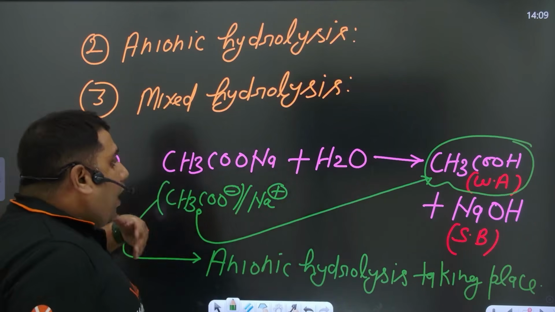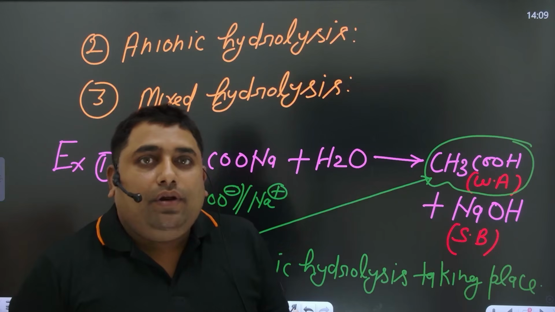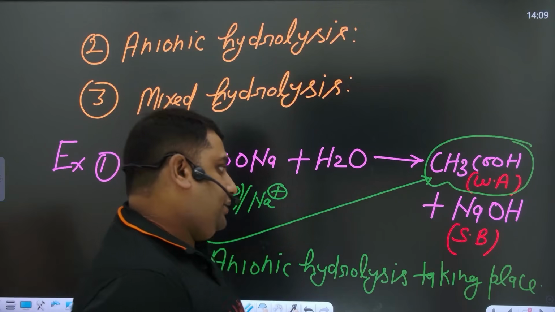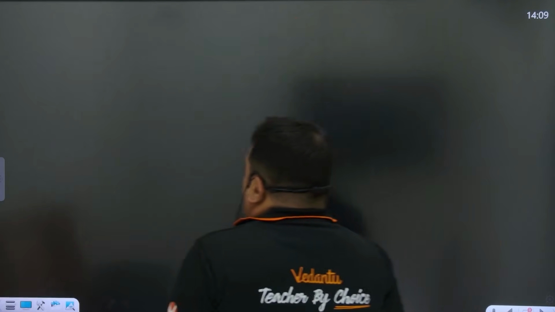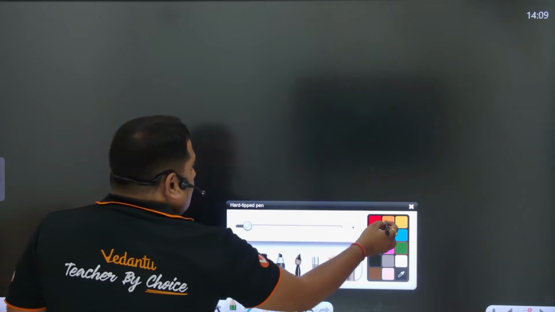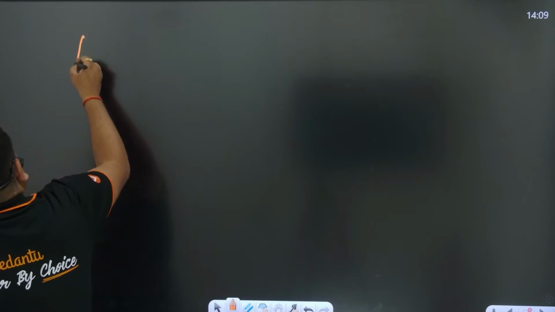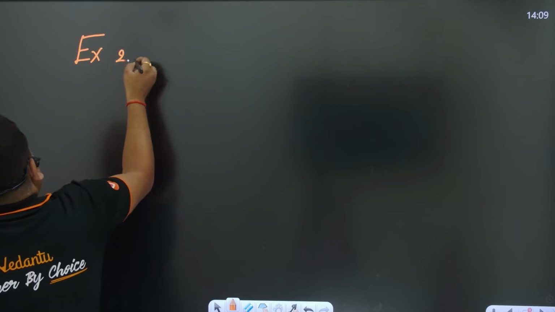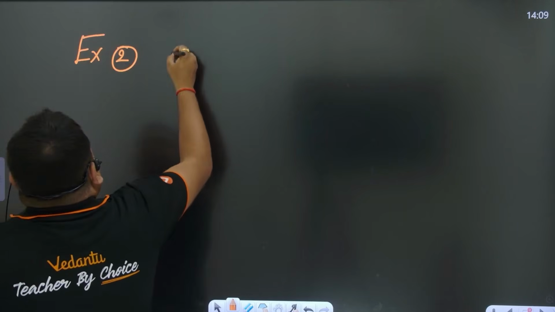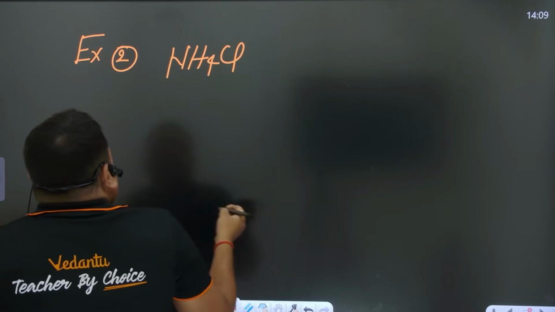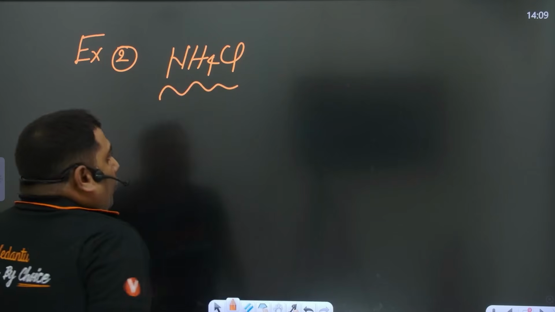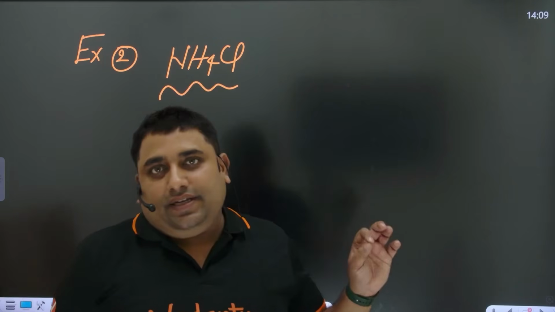Okay, now how to check cationic hydrolysis and how to check mixed hydrolysis. So let us take one more example. For example, if I am taking NH4Cl salt, NH4Cl, and now we want to check which type of hydrolysis is present in this salt.